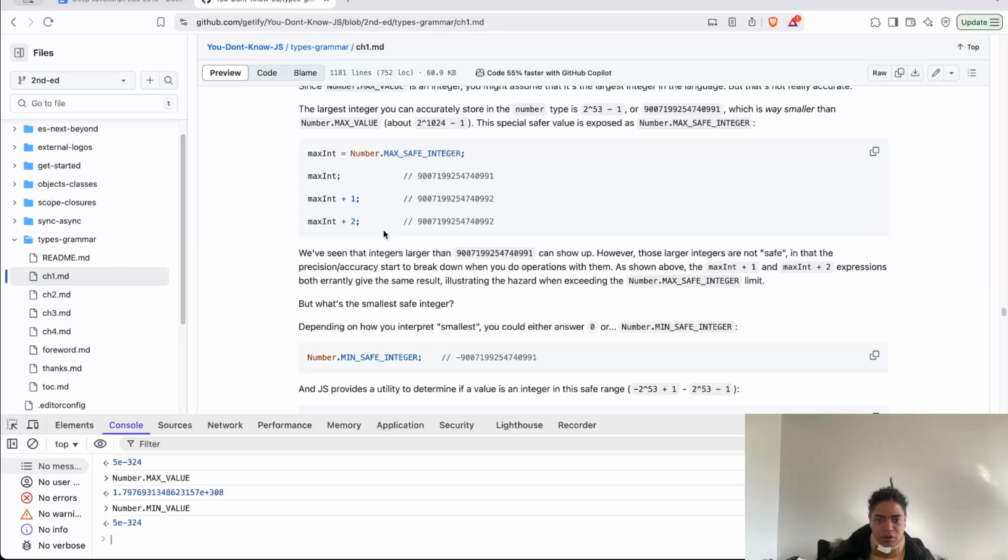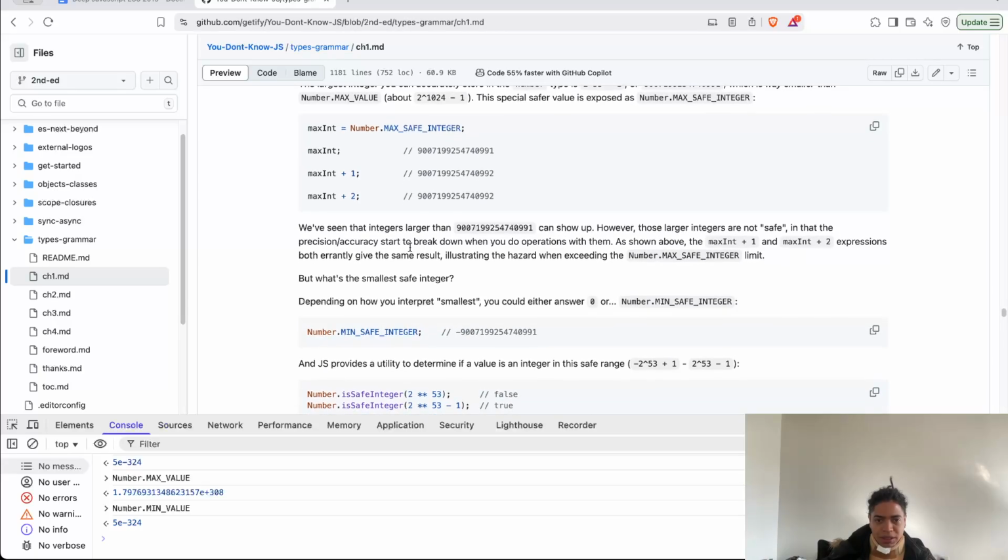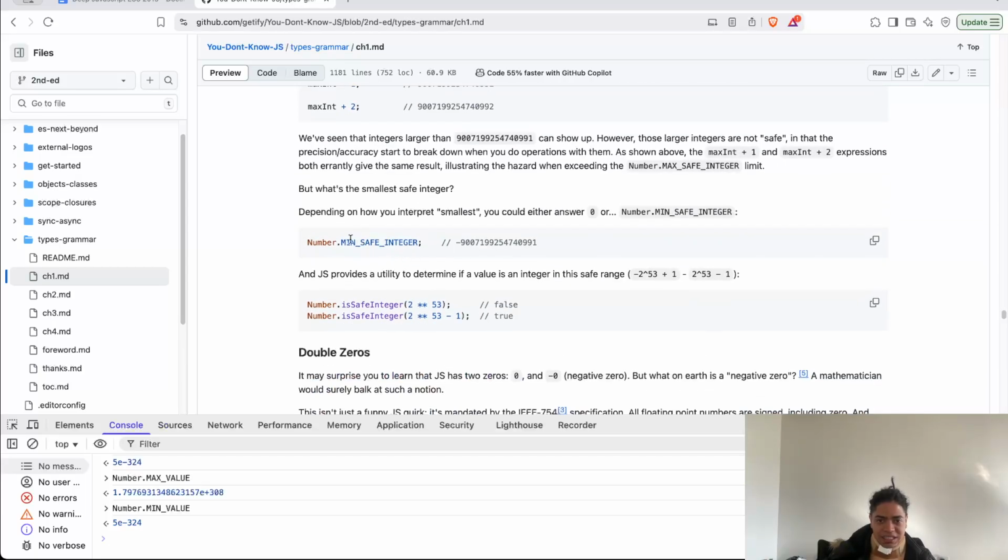But what's the smallest safe integer? Depending on how you interpret smaller, you could answer either 0 or Number.MIN_SAFE_INTEGER. JavaScript provides a utility to determine if a value is an integer in this safe range.